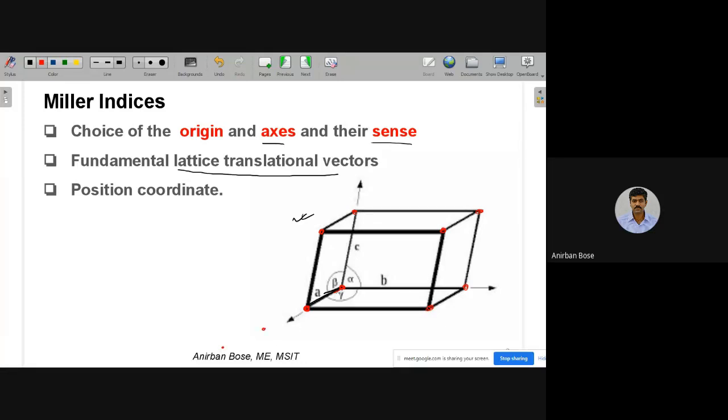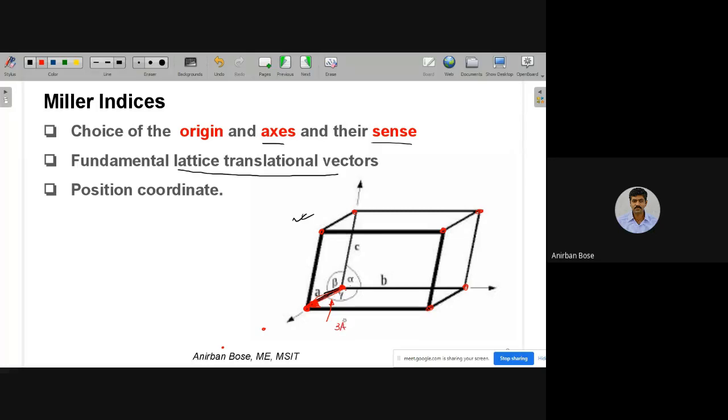That is why the nearest two lattice points in that direction represent the length of the lattice translational vector, and we have considered this as the direction of this particular vector. Say along this direction the periodicity is 3 angstrom.